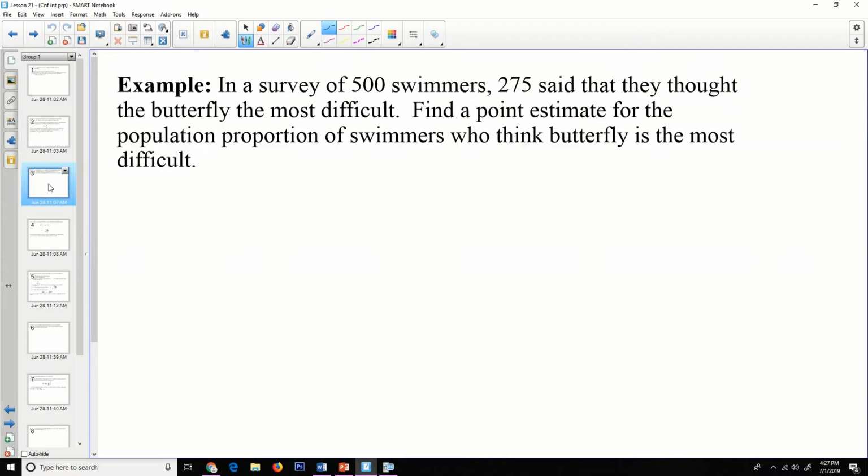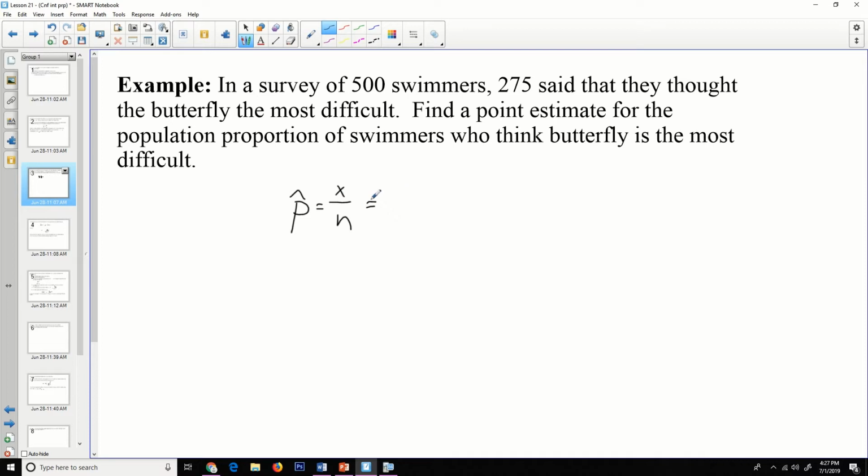Can you believe it? Okay, so quickly, in a survey of 500 swimmers, 275 said that they thought the butterfly was most difficult. Find a point estimate for the population proportion of swimmers who think that butterfly is the most difficult. So P hat is equal to X, the number of successes in our trial, over the number of elements in the sample.